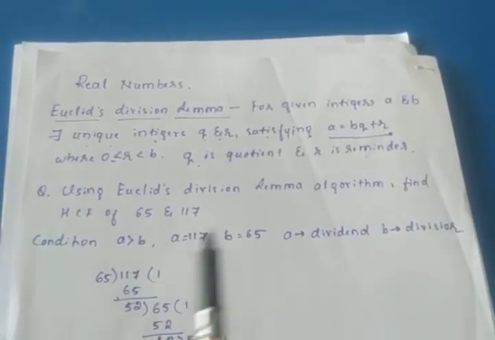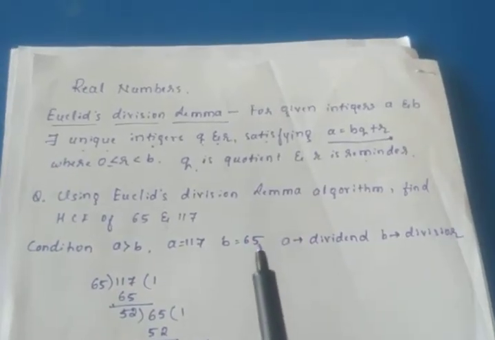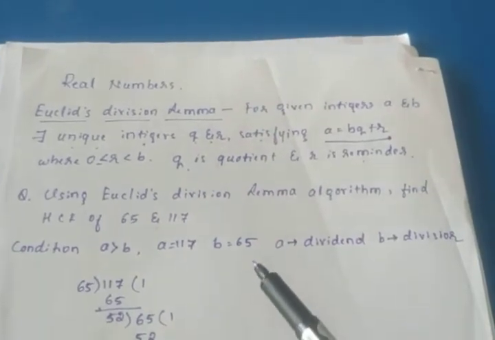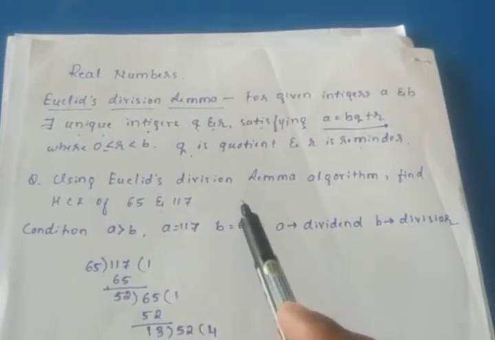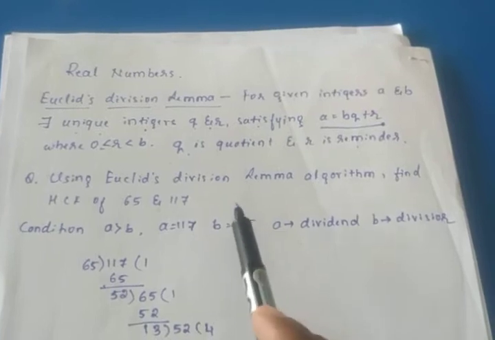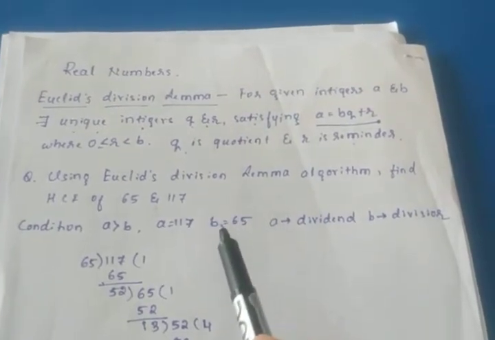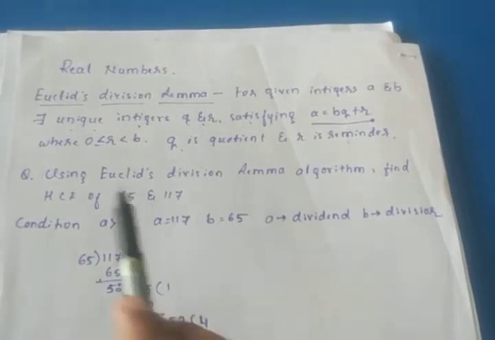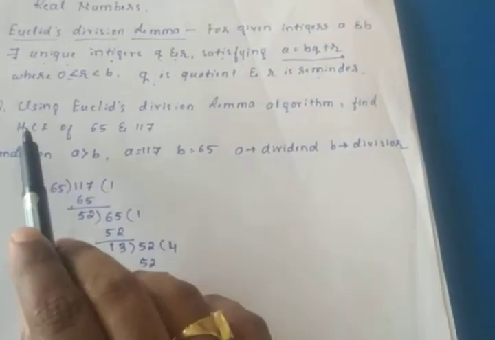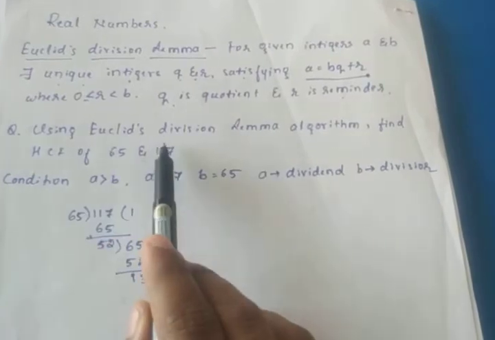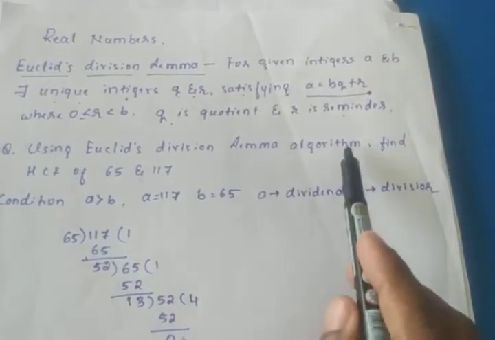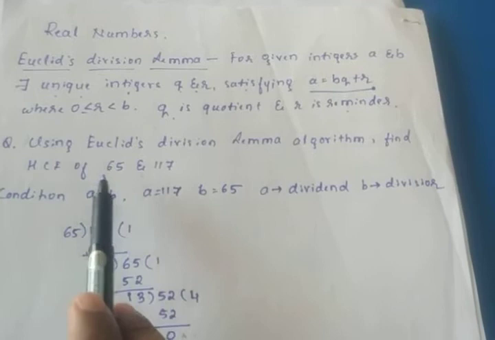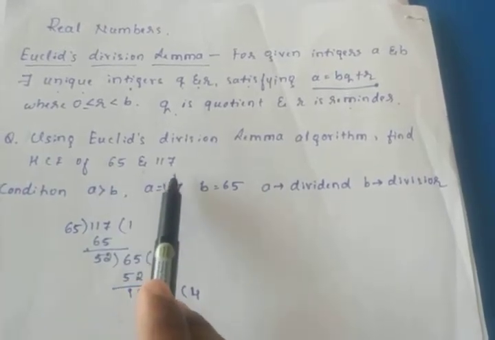On the basis of Euclid's division lemma, we have some steps to follow. You can see the steps given in the textbook, so you can follow those steps. On the basis of those steps, we are going to solve some examples. First question: using Euclid's division algorithm, find the highest common factor of 65 and 117.